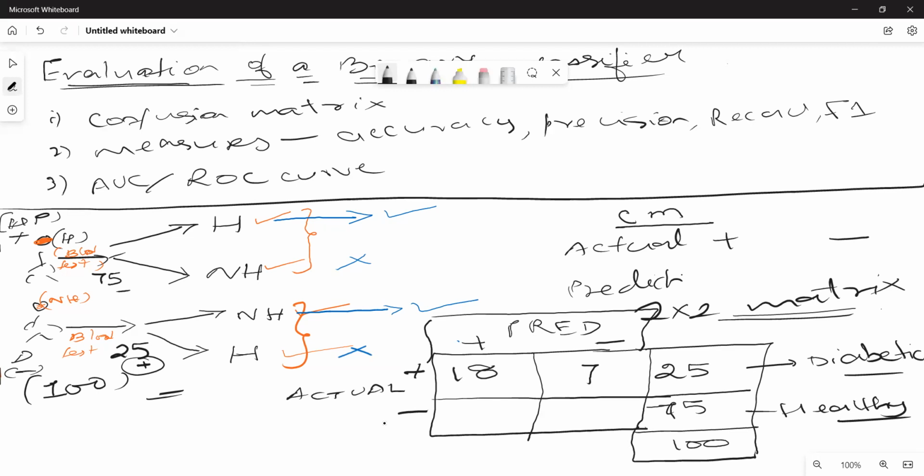Now, out of the 75 people who are healthy, if 65 people have been correctly predicted as healthy, that means the remaining 10 people out of 75, which is this number, are predicted as diabetic.